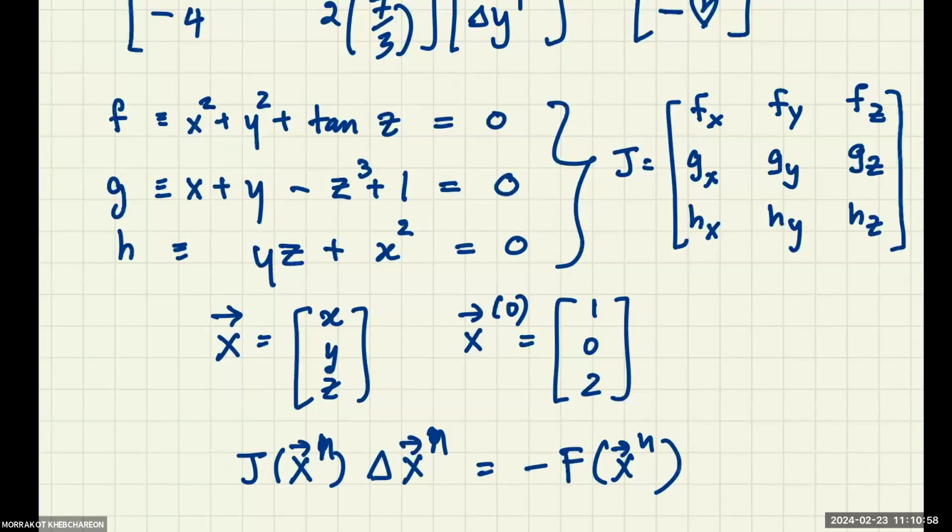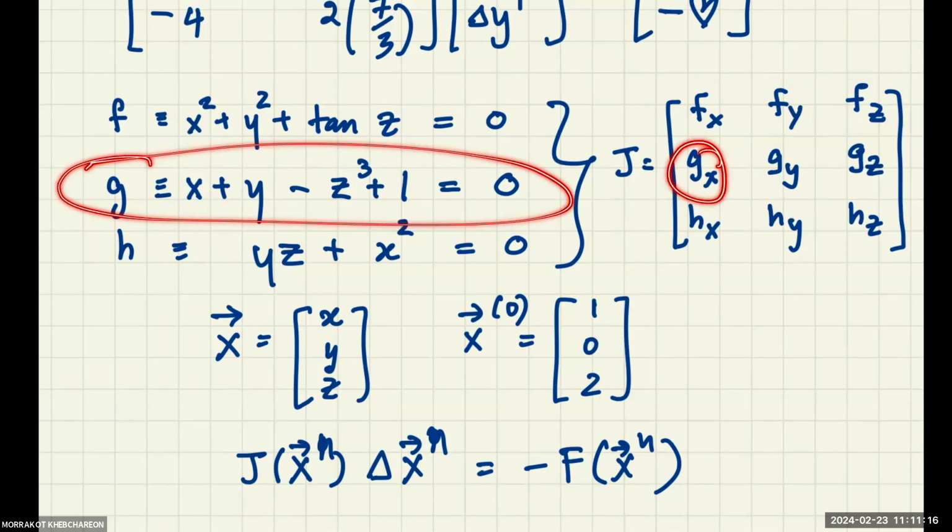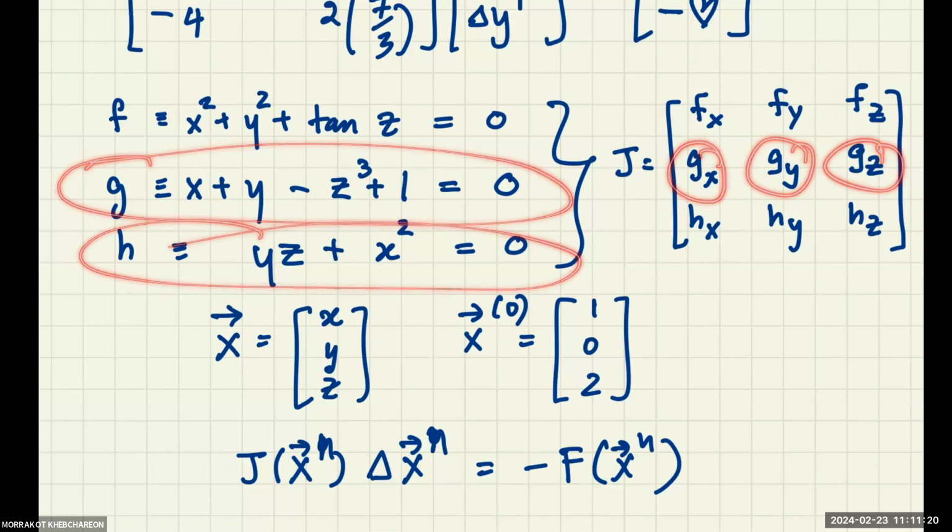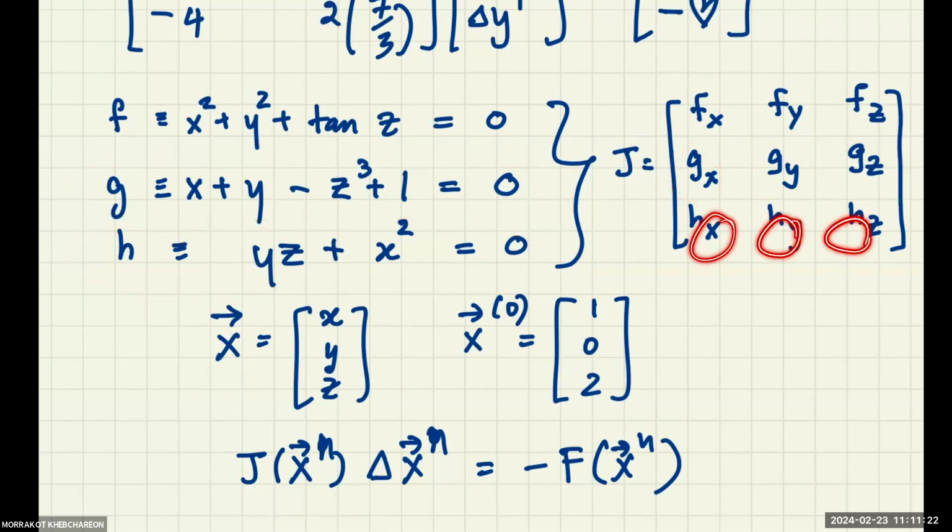Since here you have f depending on x, y, and z, you take the partial derivative of f with respect to x, f with respect to y, f with respect to z, and in the second row you use g, take the derivative with x, y, and z. And for the last equation, you take the derivative with x, y, and z. So you have 3 by 3 as the Jacobian matrix. Okay. This is for any number.